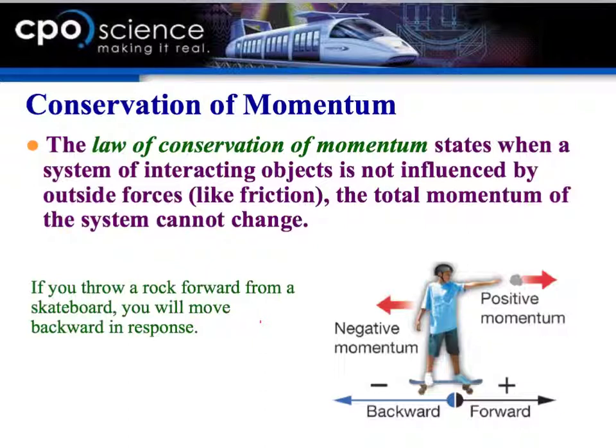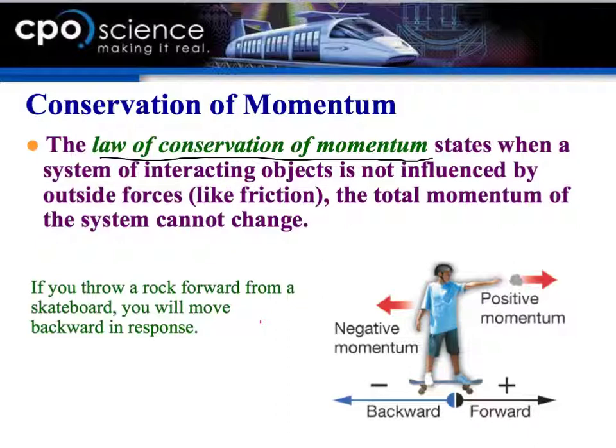Conservation of momentum. The law of conservation of momentum states when a system of interacting objects is not influenced by outside forces, such as friction, the total momentum of the system cannot change.